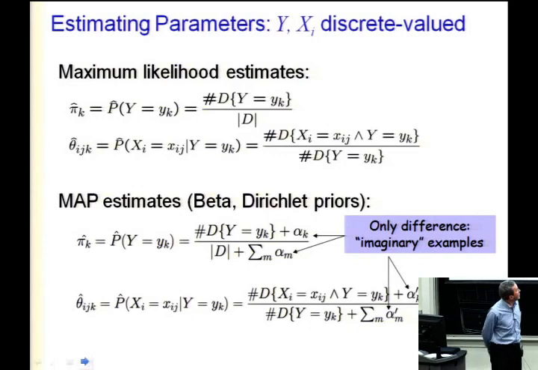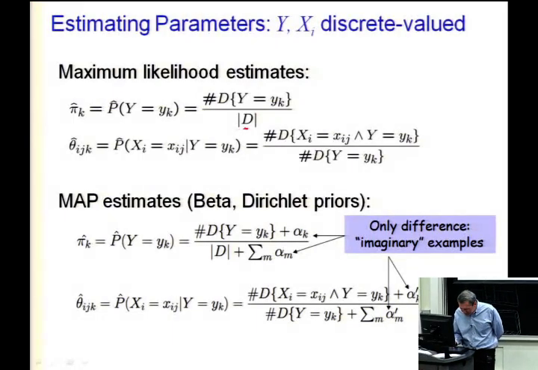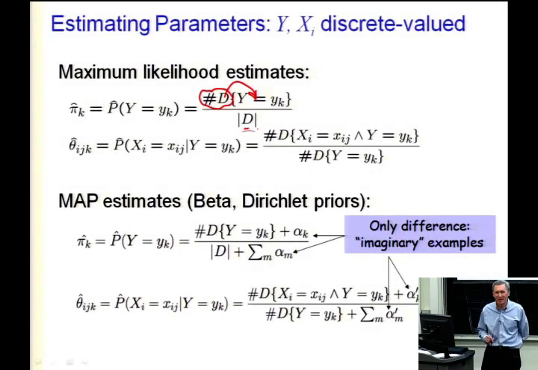Just to remind you, our maximum likelihood estimates, this notation is, we have some data set D. If we want to know, for example, the maximum likelihood estimate on the prior for y being 1 or 0, we just take the number of occurrences in that data set D for which this is the case, and we divide by the whole size of the data set. In other words, the fraction of cases where y equals yk.